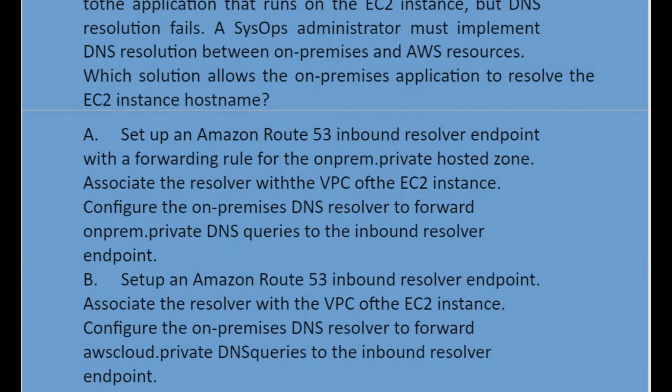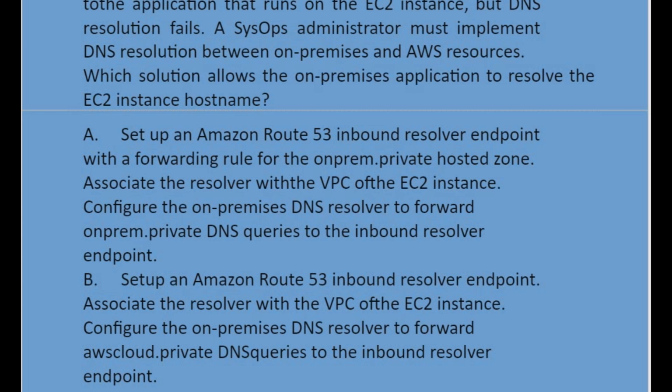Option A. Set up an Amazon Route 53 inbound resolver endpoint with a forwarding rule for the on-prem private hosted zone. Associate the resolver with the VPC of the EC2 instance. Configure the on-premises DNS resolver to forward on-prem.private DNS queries to the inbound resolver endpoint.